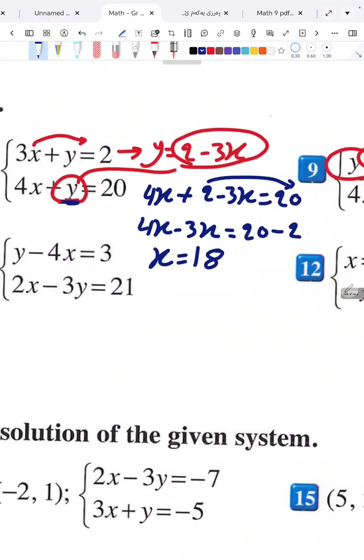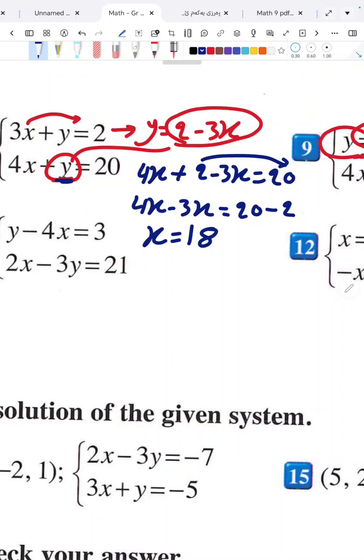Now, how can you find y? Substitute in the first equation, which is 3x plus y equals 2.